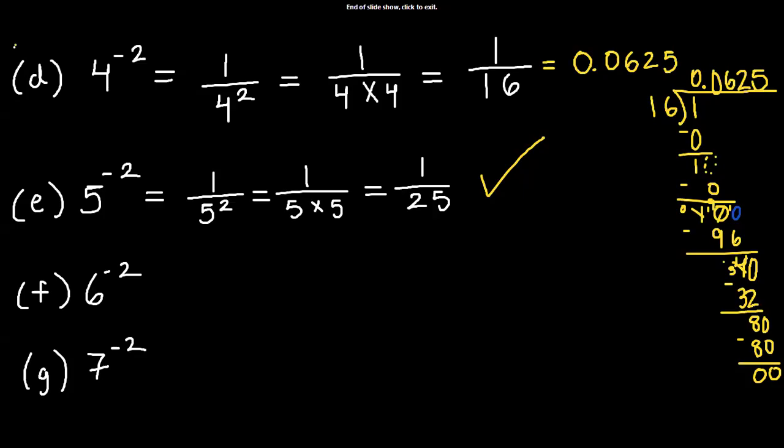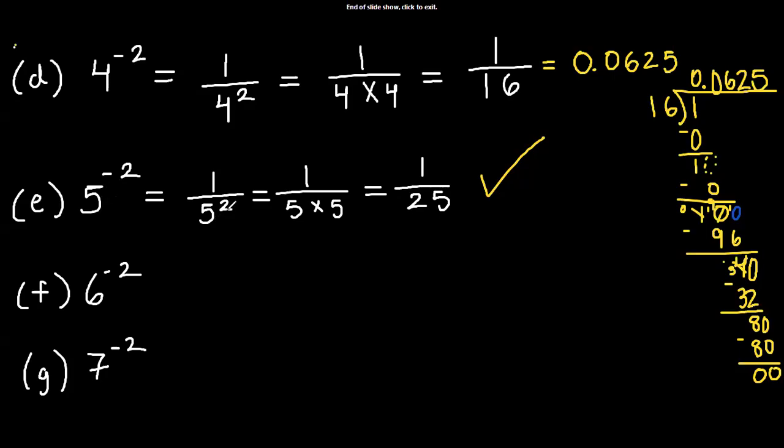Yes, sir. Do you know how I got 1/25, Durante? Not really. Okay, so I have 5 to the power of -2. Because it's to the -2, I can flip it. It's going to be 1/5 squared.